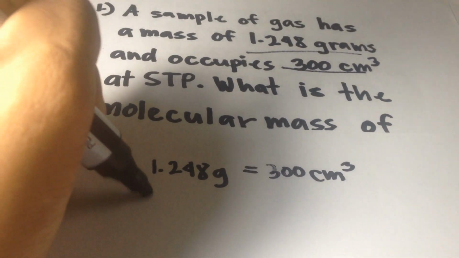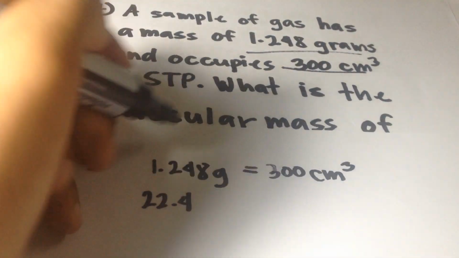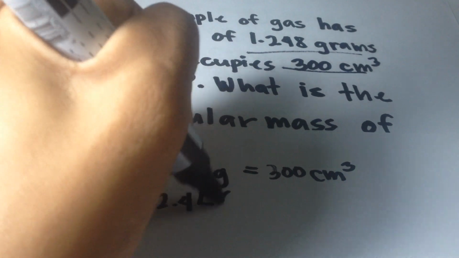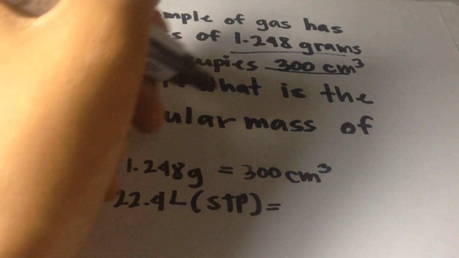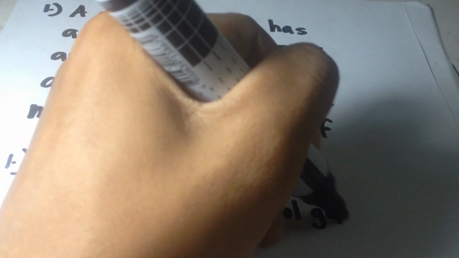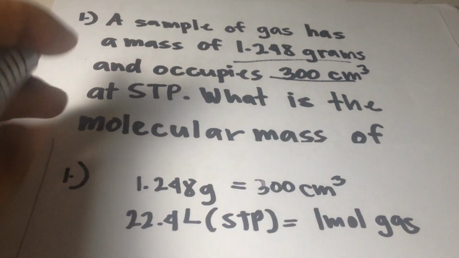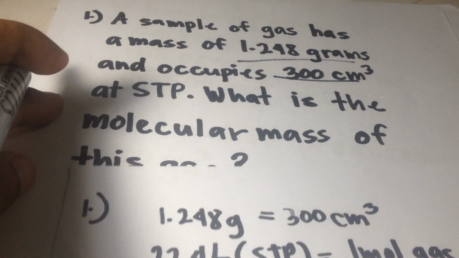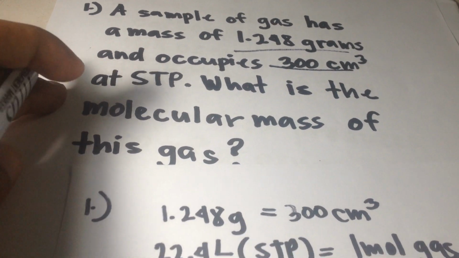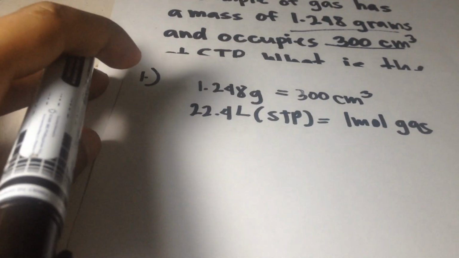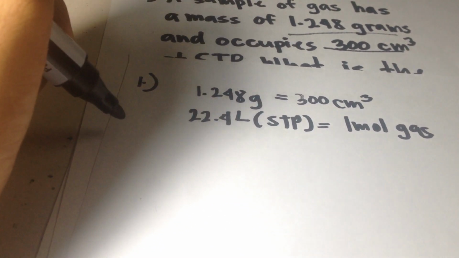And 22.4 liters at STP is equal to 1 mole of gas. Okay? So the question is, what is the molecular mass of this gas? So we need to solve that in the solution.